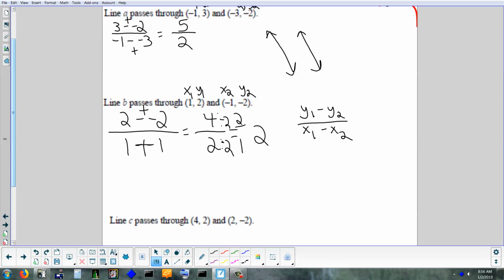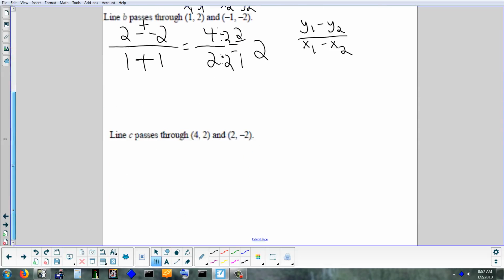We just figured out the slope of those 2 lines. Why can't they be parallel, Nicole? They don't have the same slope. Yeah, when I do the whole y1 minus y2 over x1 minus x2, that gives me my slope. If the slope isn't the same, those lines aren't parallel. Like Mr. Hager said, we don't have to take that next step to see if they have different y-intercepts because their slopes are different. So they can't be parallel. It's not possible. All right?